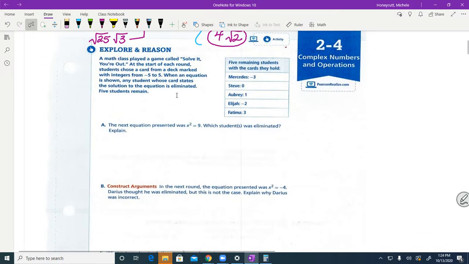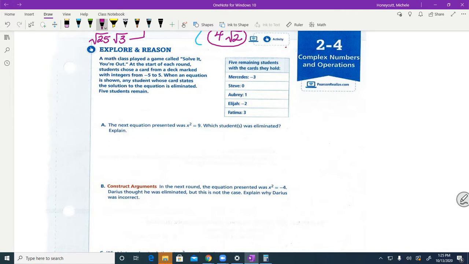All right, page 83. Usually we skip the exploring reasons, or at least we have been a little bit this year, because we use this in class for discussion. But let's talk about complex numbers and operations, and we're going to start with this exploring reason. A math class played a game called Solve It, You're Out.